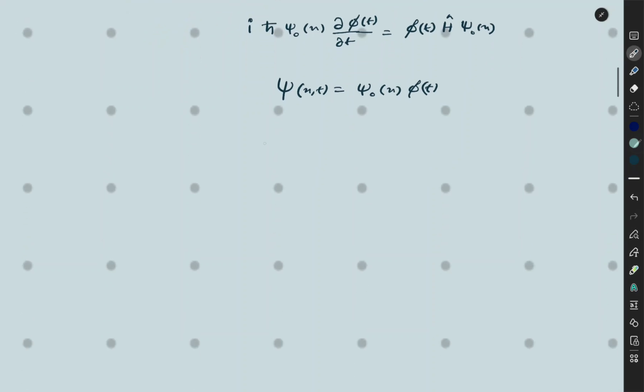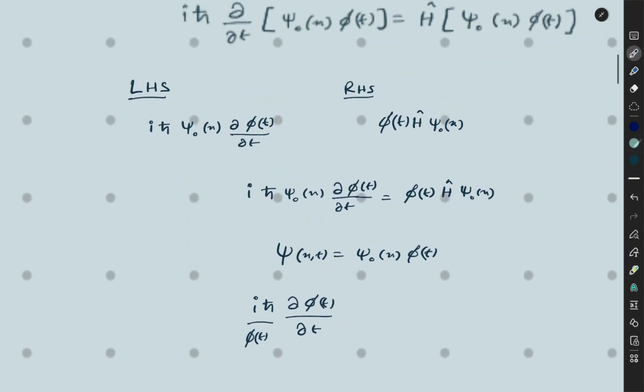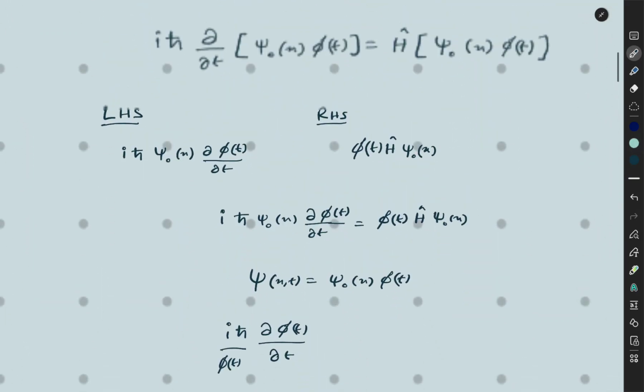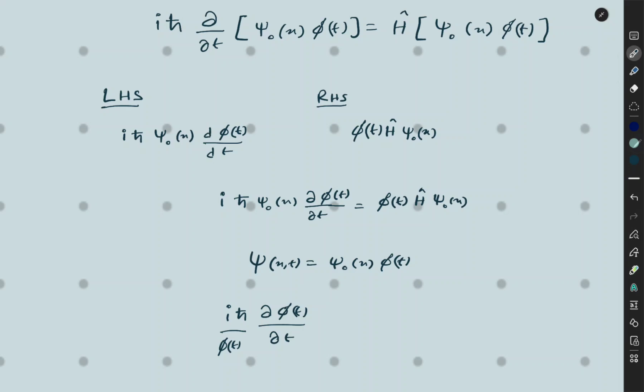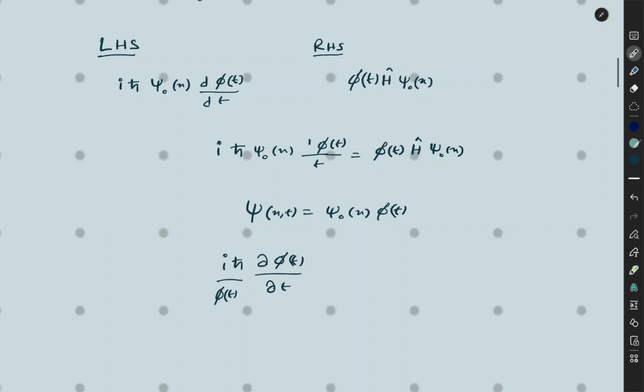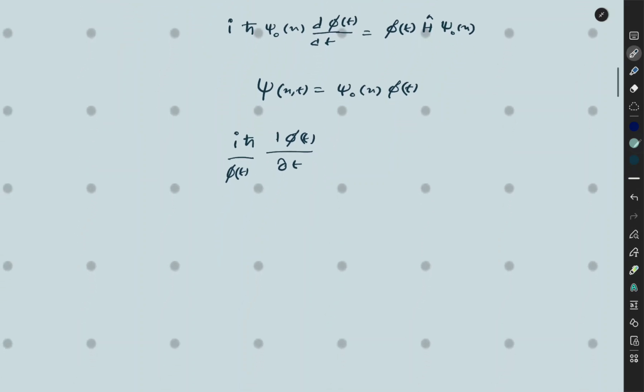Therefore if we divide, we get iota h cut into del phi of t upon phi of t, since psi naught of x gets cancelled, and let us write here dt, equal to 1 by psi naught of x into Hamiltonian of psi naught.